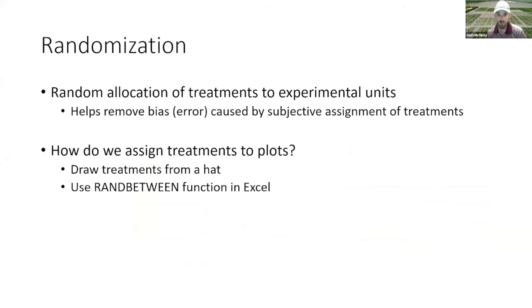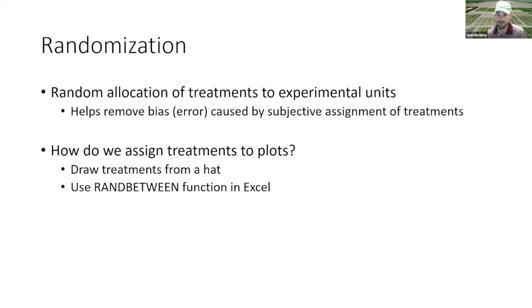The other thing that we can do to minimize that error is the randomization of our plots within a replication. So that's the random allocation of treatments to individual experimental units. And that helps reduce error a couple of ways. Number one, it helps reduce any bias that we might have as we're laying this plot out.